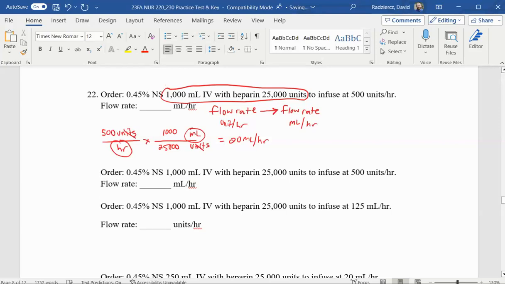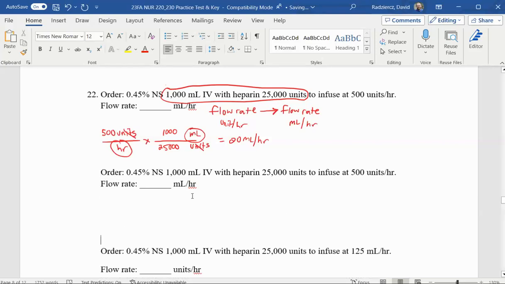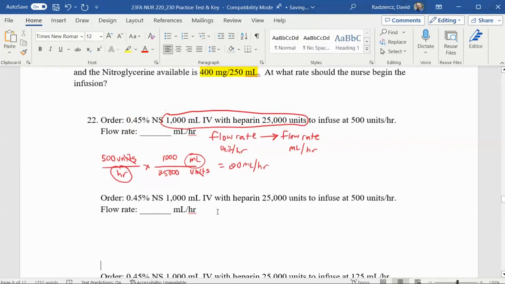So what I'm doing is I'm adding a different question. I'm going to use the same 0.45% normal saline. I'm going to use the same 1,000 milliliter IV heparin, 25,000 units. But instead, now I'm going to say it's 50 milliliters. Actually, let's make it interesting. Let's make it 125.